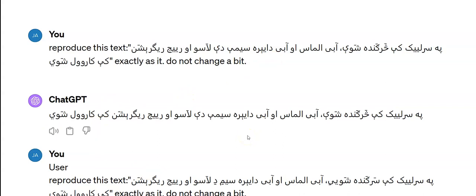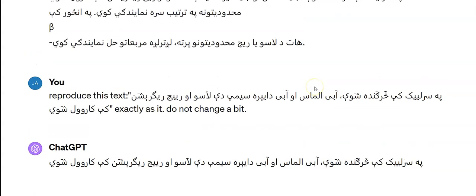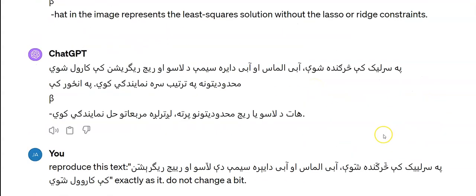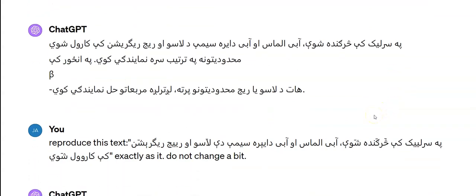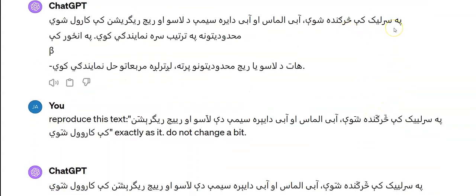I chose this one, and this here is the original translation by the GPT. But when I played that sound, it sounded nothing like Pashto. It was a mix of Persian, Arabic, and Hindi.